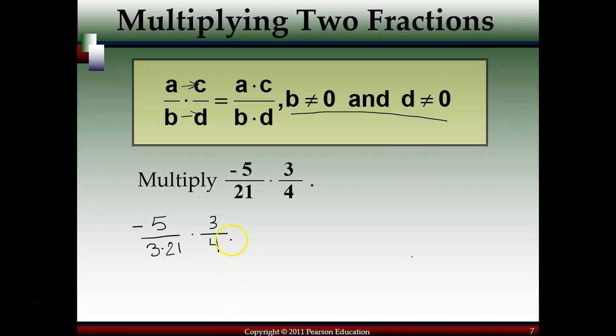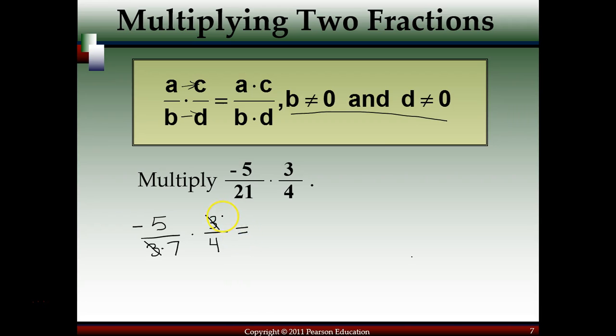This right here, I don't know why I wrote down 21. You knew what I meant, right? It's 7. Okay, so 7 here. Now, our 3's are going to cancel out. Those are in common in the numerator and denominator here.